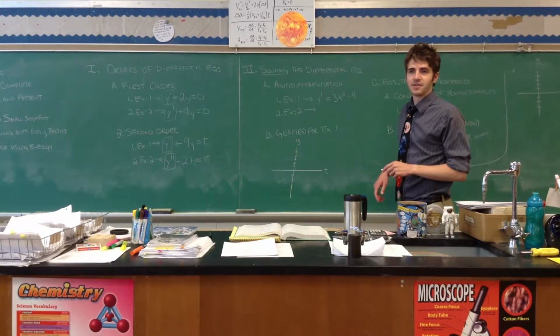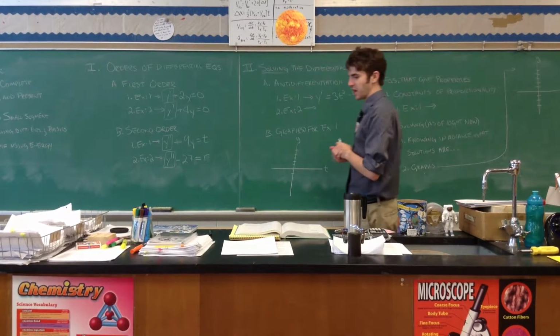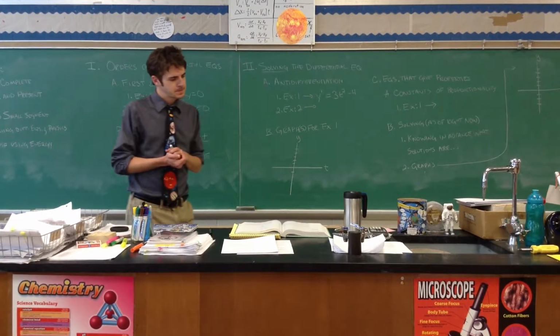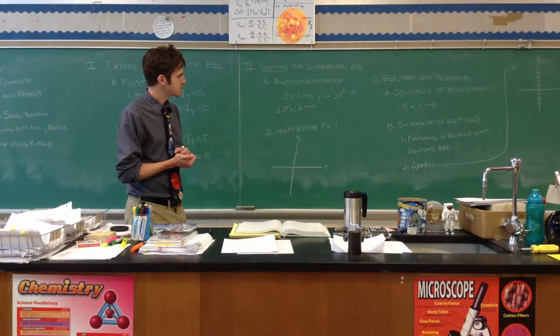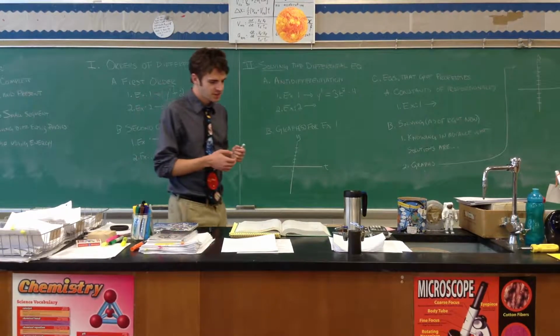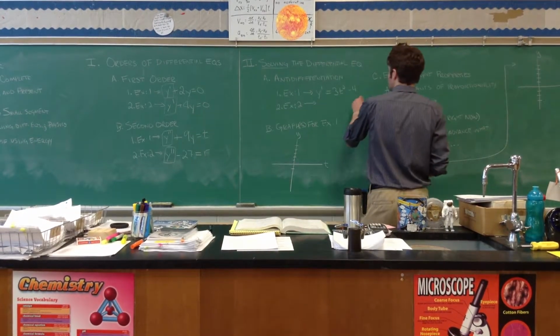So if we were to find the value just for y, so we have y prime, what would y be? t to the third minus 4t. T to the third minus 4t, right?